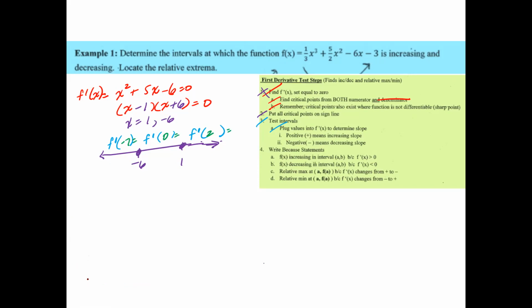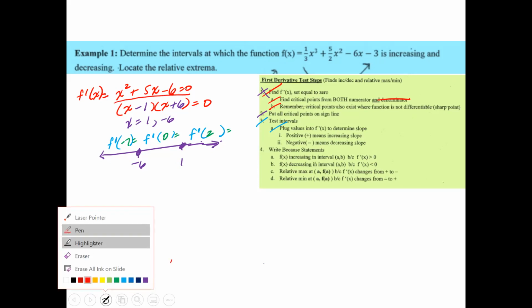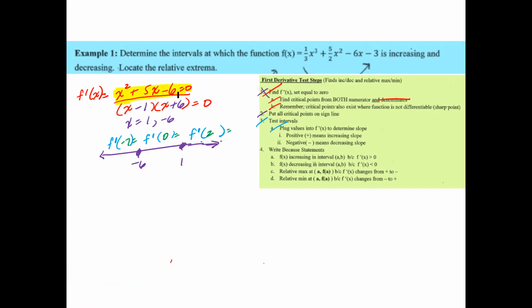All right. And then you plug these into the equation here, the equation that you're going to be plugging into to determine f prime of x, to determine whether it's a positive or negative slope.